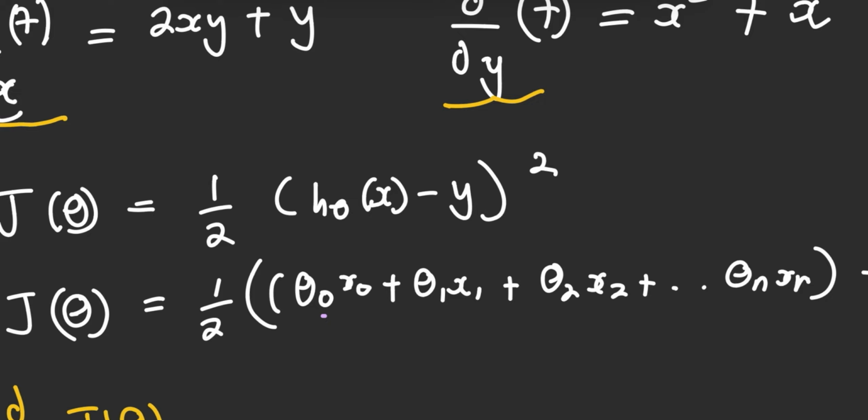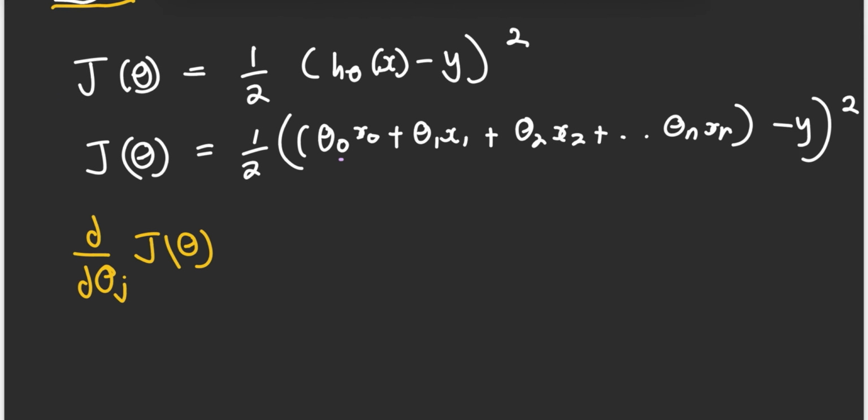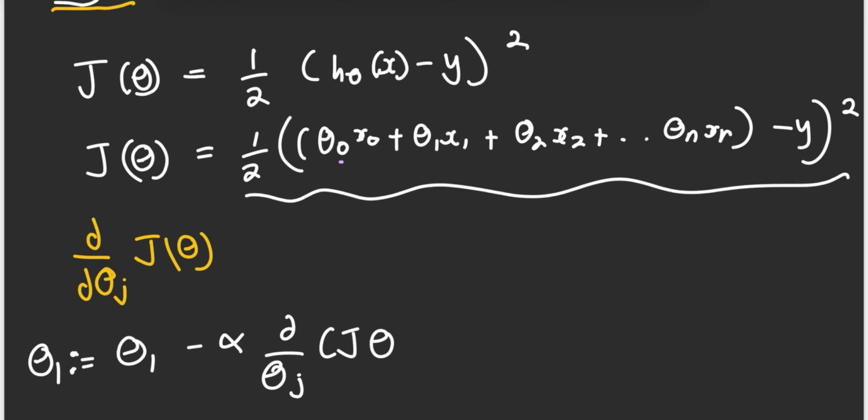If I'm looking at theta 1 in this example, I can start with a guess of theta 1, and then I can update that guess. This colon means update that guess. So this is what I start with. I can update it to get this new value of theta by subtracting alpha times the partial derivative with respect to theta j. So what this means is basically differentiate this function with respect to theta 1.